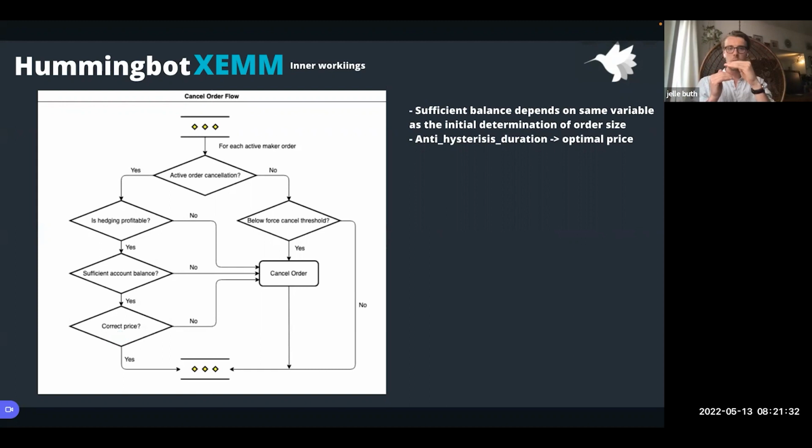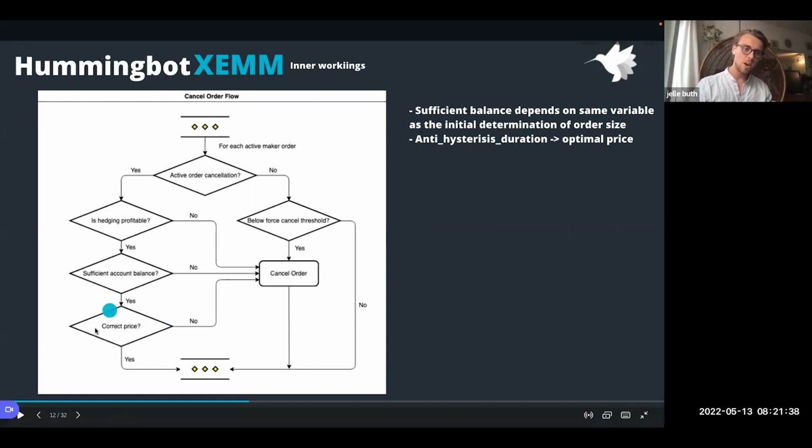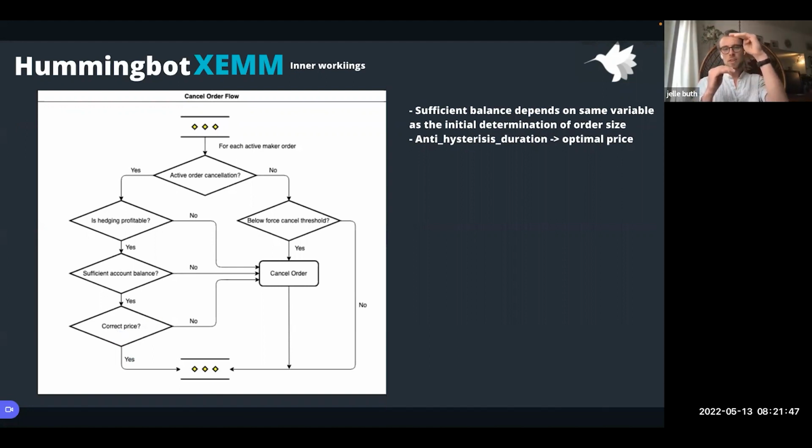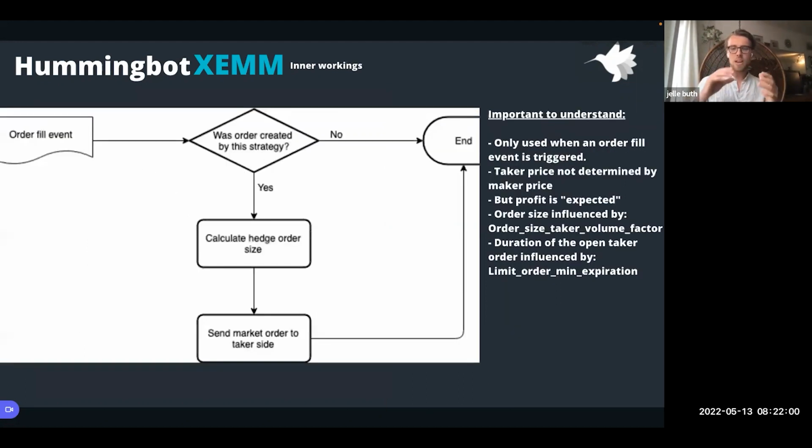That increases your liquidity mining rewards, and it also increases the chances of your order being filled and you capturing a profit. This variable is determined by the anti-hysteresis duration, which says after how many seconds you want to check if there's a better order available in the order book, if you're better off canceling the order and placing it at a better level. So those are the two things that happen every tick.